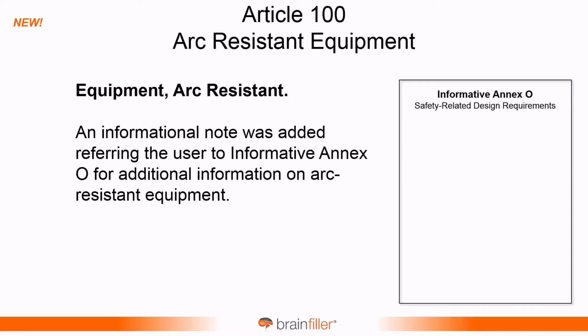It's getting pretty close, but it's probably a year or two away. It's going to be called the recommended practice for electrical system design techniques to improve electrical safety. That's going to have a lot of good guidance as far as designing safer electrical systems.